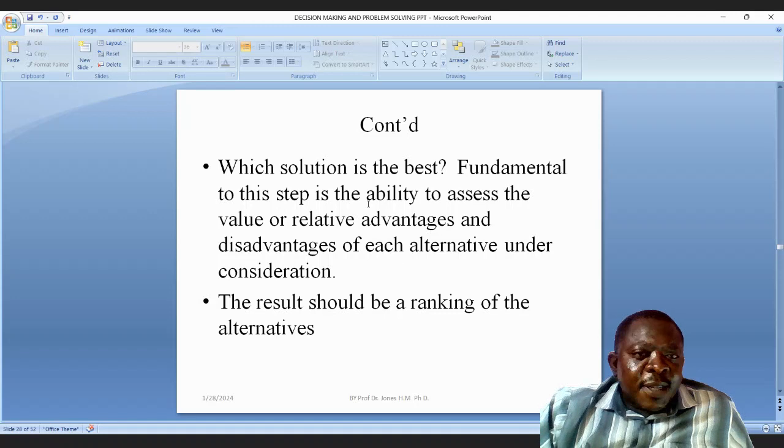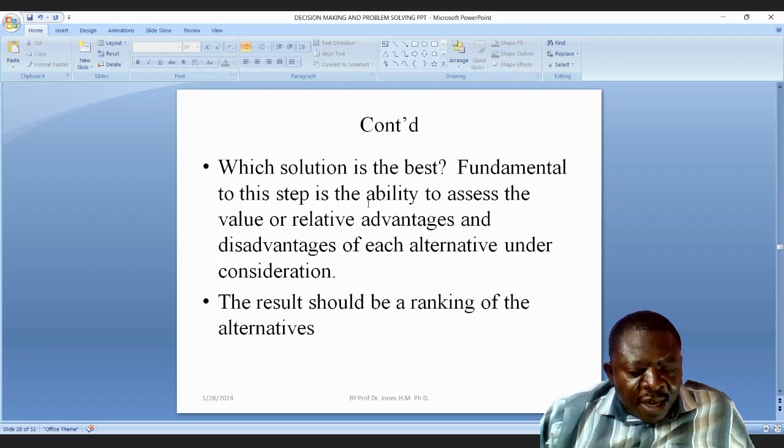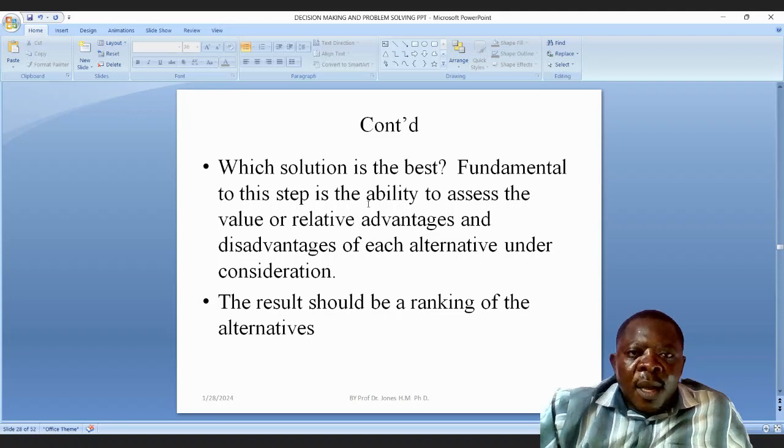Fundamental to this step is the ability to assess the value, or relative advantage and disadvantage, of each alternative under consideration. The result should be a ranking of alternatives. You can rank the alternatives, which one comes as priority.